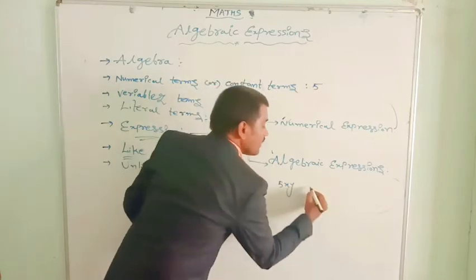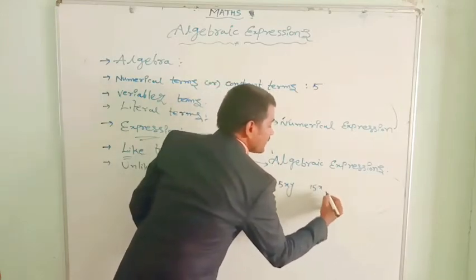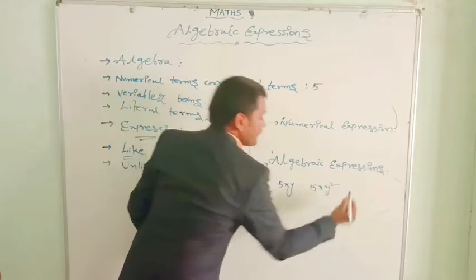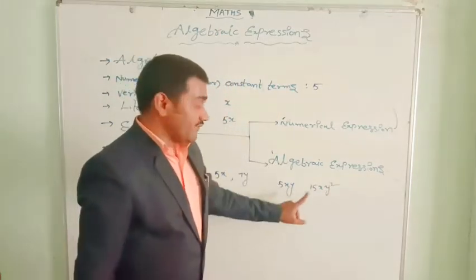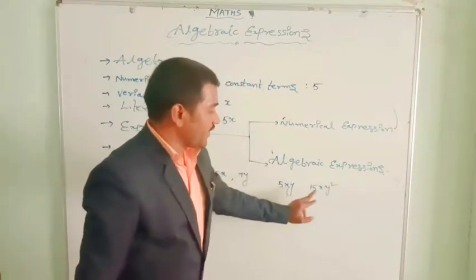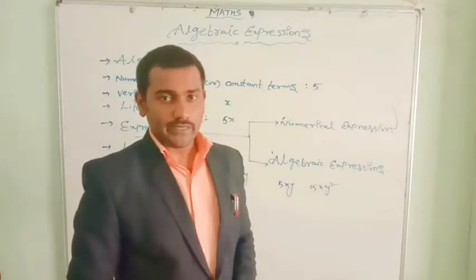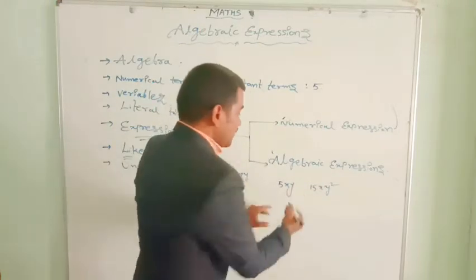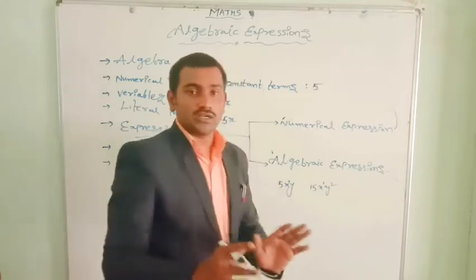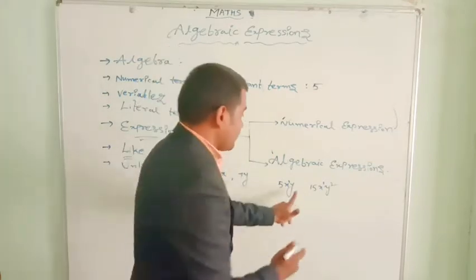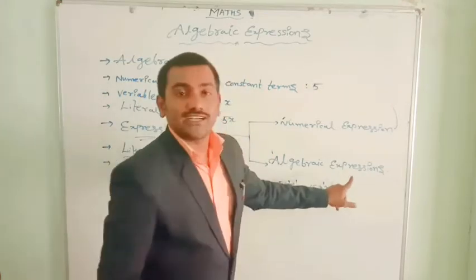5xy, 15xy square. Do you have the same variables? Yes, here xy variables, and here also we have xy variables only. But what about their exponents? x exponent is 1, x exponent is 1, yes, till here okay. Here y exponent is 1, here y exponent is 2.